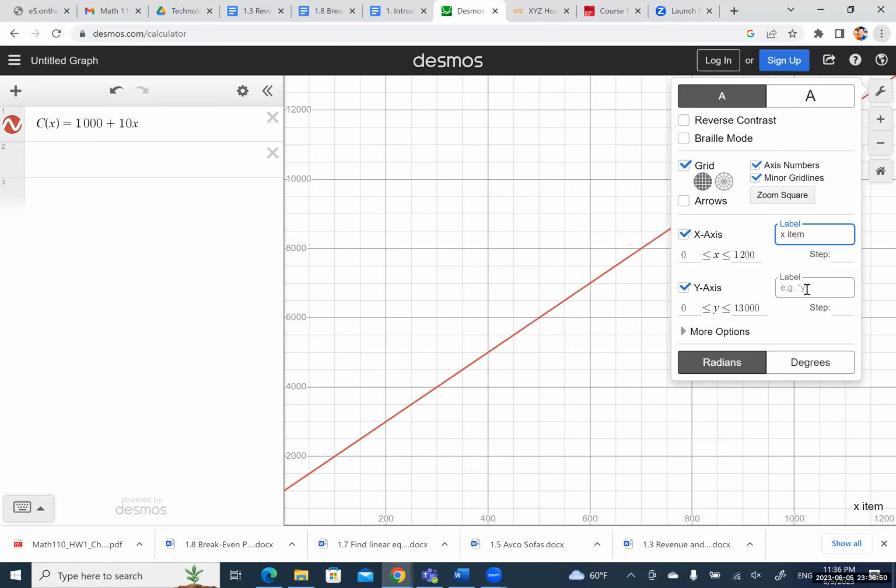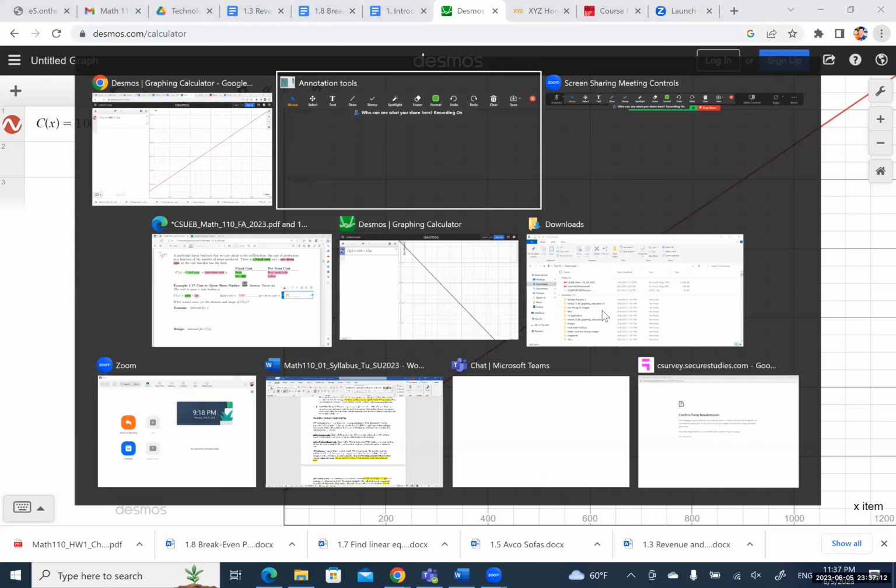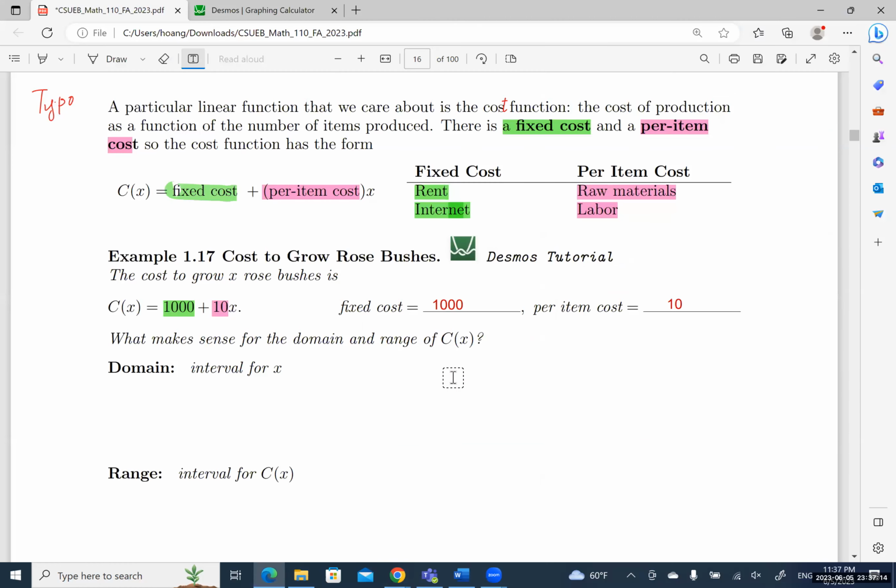Okay, and the y value is going to be the amount of money, so dollars. So this is the graph of the cost. Okay, so let's go back to here.